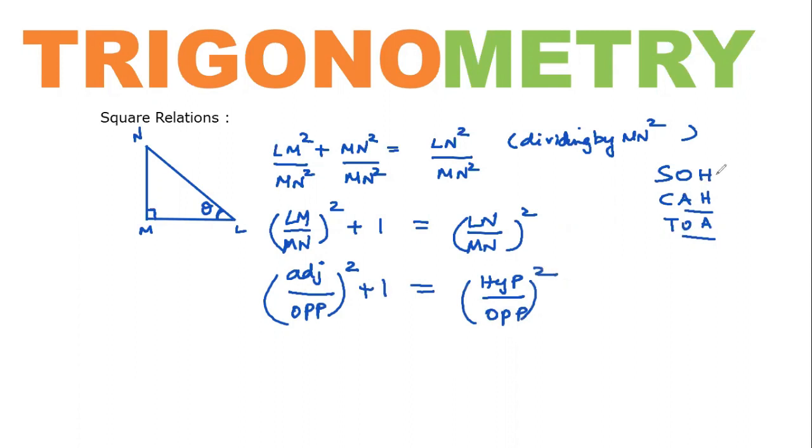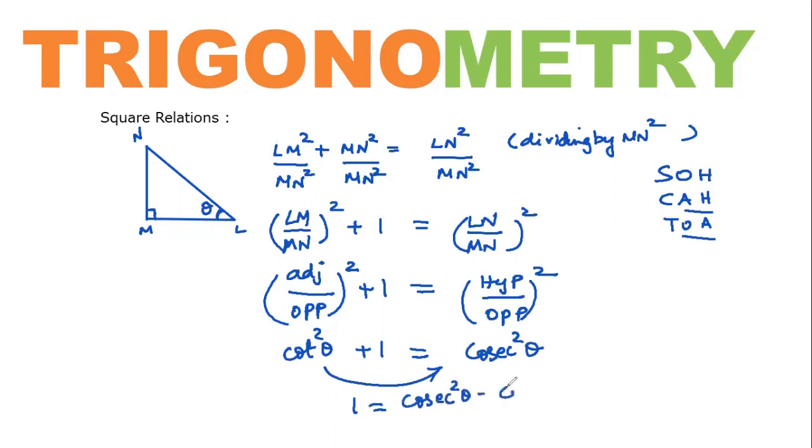Now seeing this, you can tell if opposite upon adjacent is tan, what will be adjacent upon opposite? It is cot. Cot square theta plus 1 is equal to hypotenuse upon opposite, which is cosec, so cosec square theta. Now bringing this cot square theta to the other side, you get cosec square theta minus cot square theta is equal to 1.